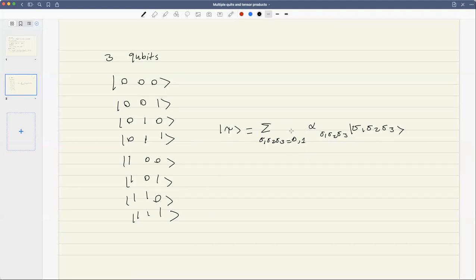That's the most general state that can live in a Hilbert space, in this vector space that corresponds to the states of multiple qubits.